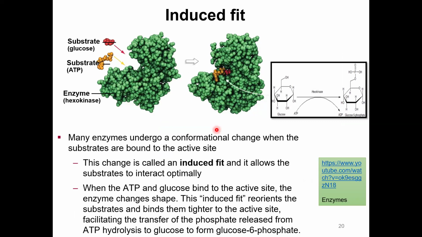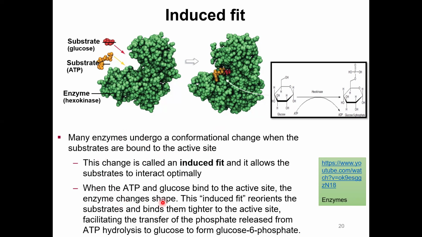Now, there are certain cases where an enzyme has to go through conformational changes when certain substrates need to be bound. This itself is called an induced fit, where it allows the substrate and the enzyme to properly match with each other.